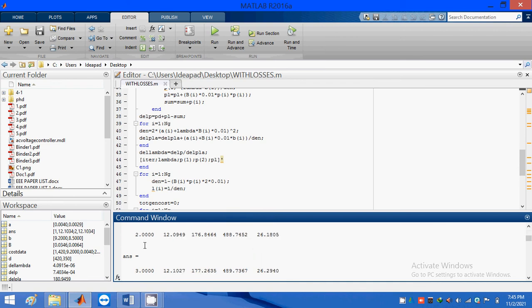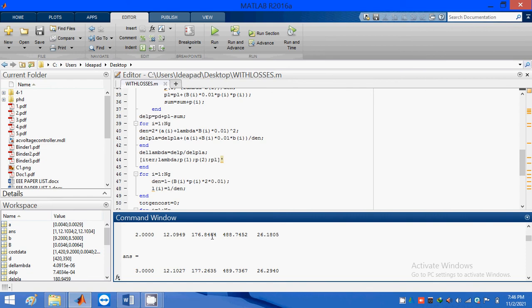When we take iteration 2, the lambda value changes to 12.0949, along with the rate of change of power G1 and G2. Compared to the previous one, the power changes can be observed here.